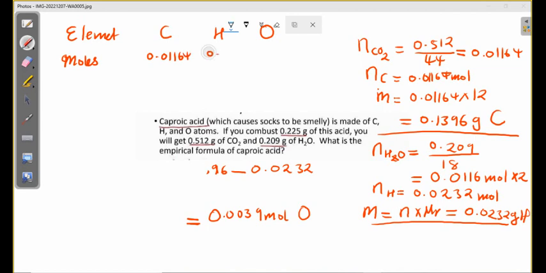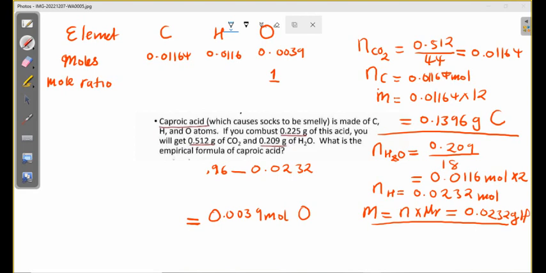If you divide by itself, it will give you a 1. And then take this one. What do you get? Divide 0.0116 over 0.0039. You found 2.97.